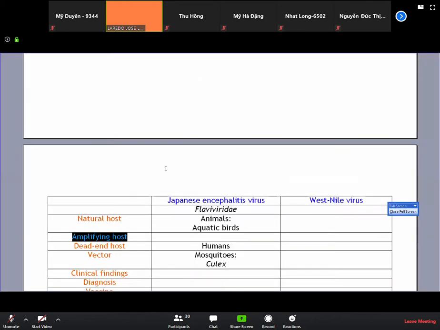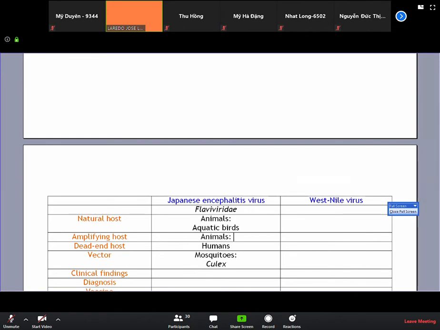And this only happens during the rainy season when the number of mosquitoes is very high. So in the middle, between the animal, the bird, the natural host, and the dead end host, the human, we have another host, the amplifying host.